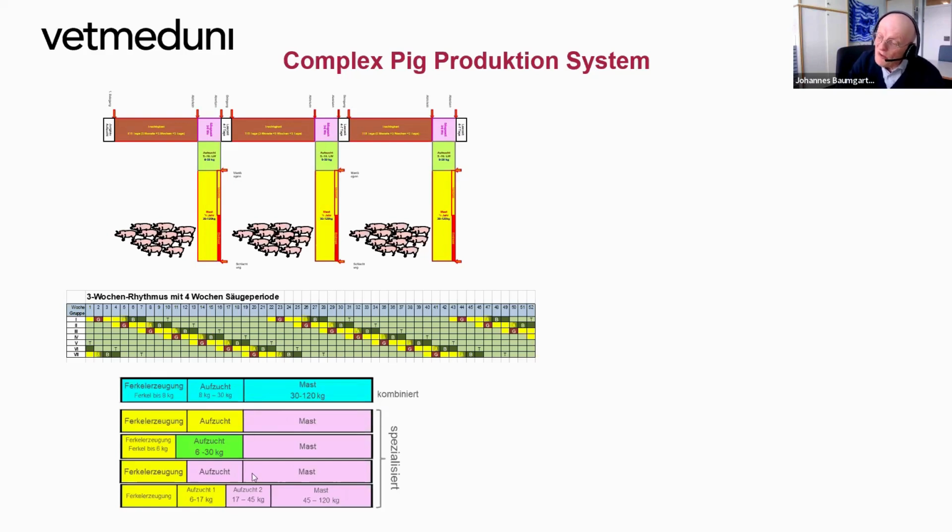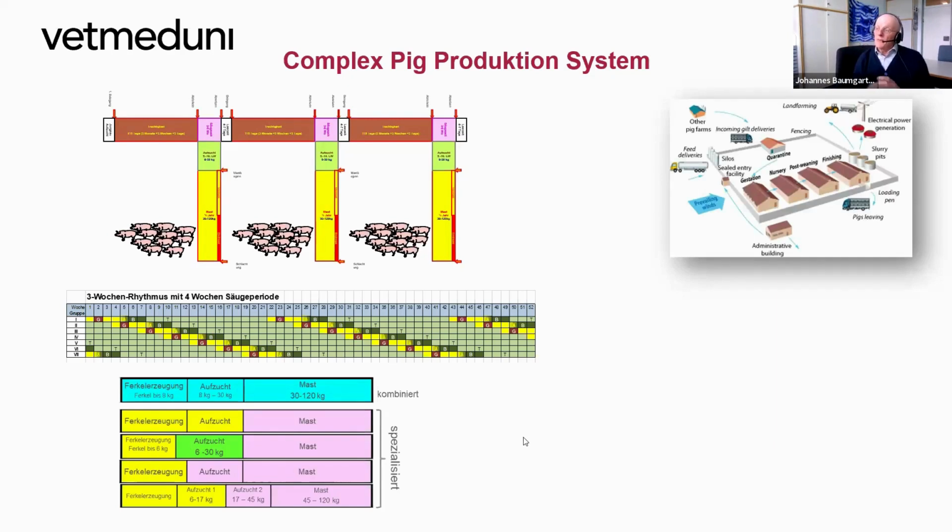And then there are more specialized farms which do, for instance, piglet production, wean them and bring them to 30 kilograms and then sell them to a fattening farm where they are fattened. And there are also farms that only produce weaner piglets that are brought to a specific farm where they are grown to 30 kilograms, and then they are brought to a farm where they are fattened and finished.